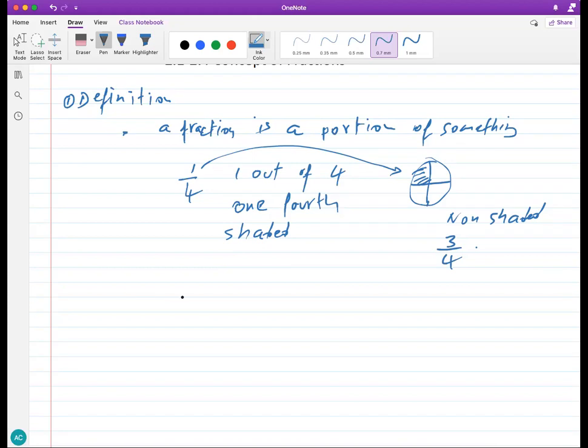Let's say I have this whole piece, whatever it might be. It's one piece, one whole, and I wanted to get exactly this fraction out of it. So this is 3 out of 5, or 3/5.